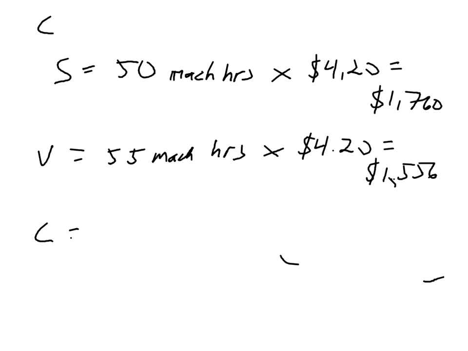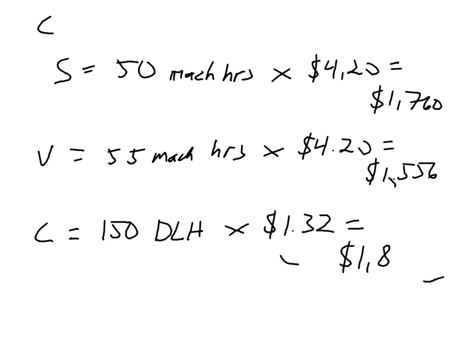And so it says that the labor hours, we have to look at requirement A. So we'll look at part A of the question. Part A of the question shows that chocolate has 150 direct labor hours, and we're going to multiply that by the $1.32 rate that we calculated in part B, and we're going to get 1824. All right, so that's the answers to part C.